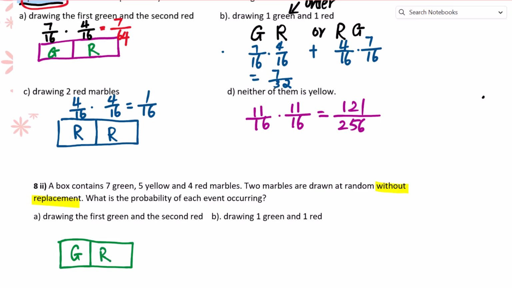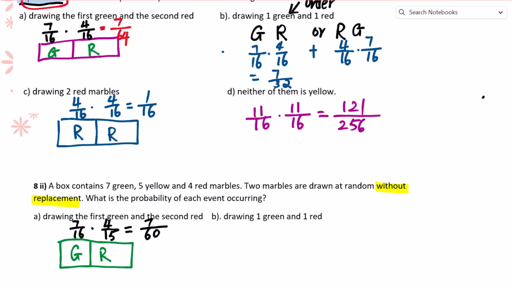Probability of getting the first green is 7 over 16. After you got one green, you won't put it back. So we have 15 left. Out of 15, there are 4 red. Equals 7 over 60.